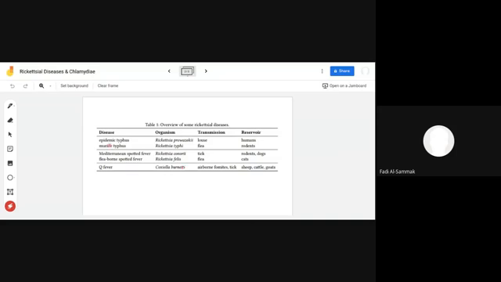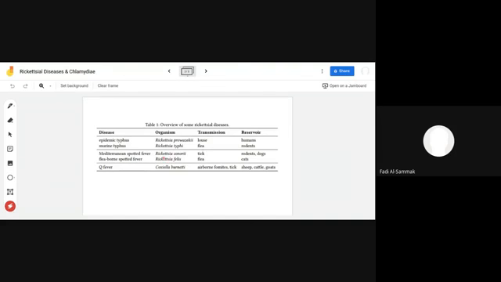Now for the typhus group, we have two important species. We have Rickettsia prowazekii, and the transmitting vector is the louse, and the reservoir is humans. And the other one is murine typhus, which is caused by Rickettsia typhi and transmitted by fleas, and the reservoir is rodents.